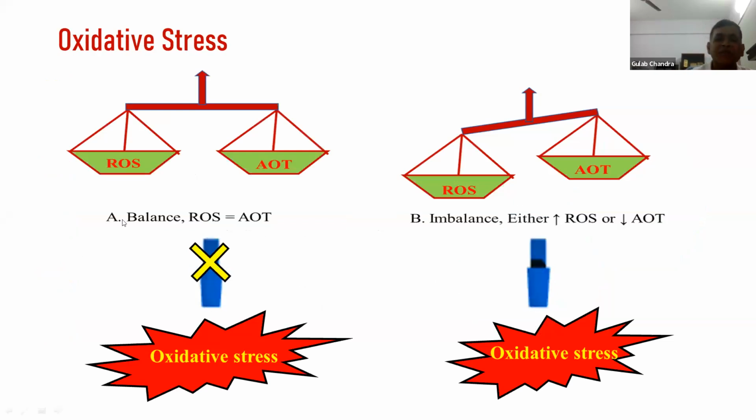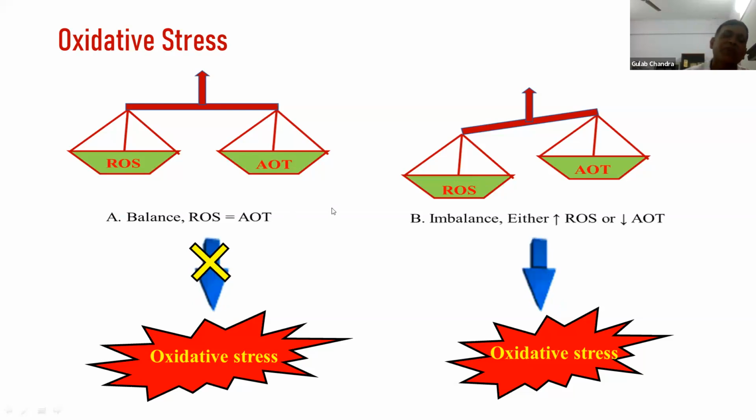In these pictures, this one shows the situation of oxidative stress. Oxidative stress occurs when there is an imbalance between the free radicals and the antioxidants present in the body, either by increased production of reactive oxygen species or by depletion of the antioxidant level in the body. Both conditions cause oxidative stress.